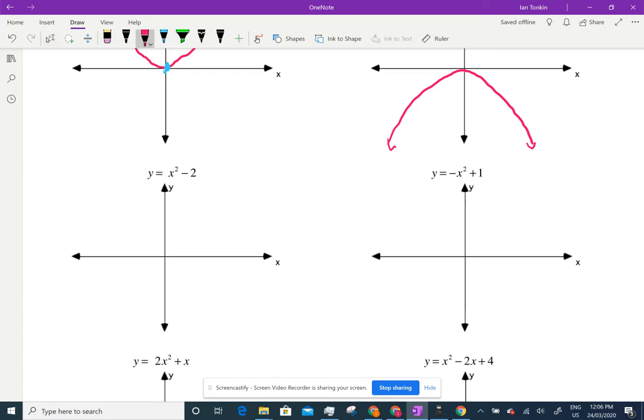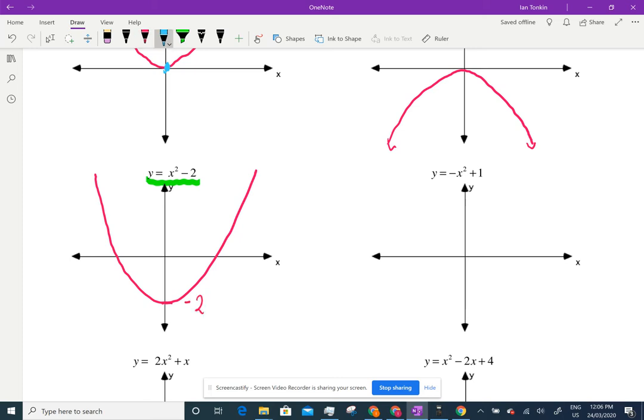So if I look at y equals x squared minus 2, I'm going to go, oh, that's just y equals x squared moved down 2. So that's at negative 2.